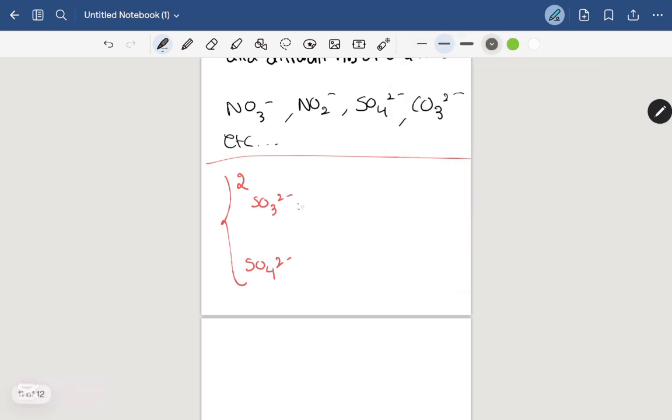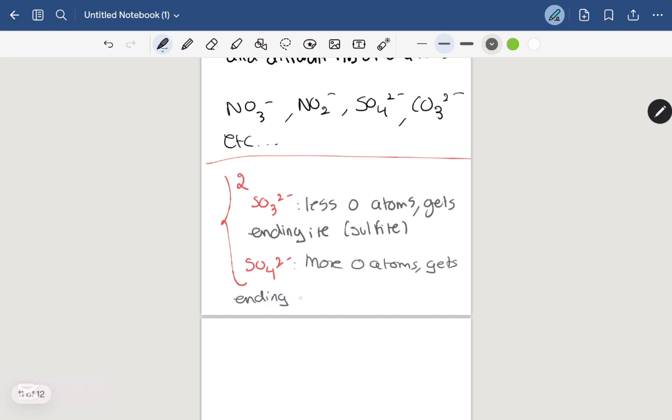This one has fewer O atoms, so it gets the ending ite. So this name is going to be sulfite. However, this one, SO4 2-, has more O atoms, so it gets the ending ate, so this name is going to be sulfate. Very simply.